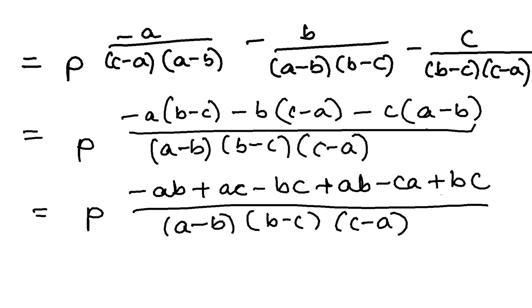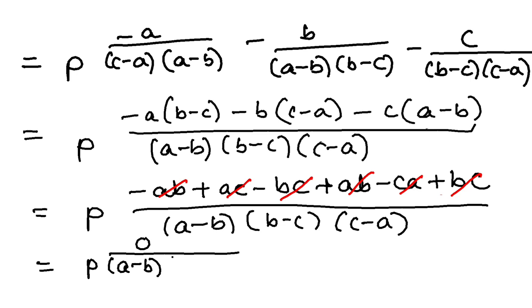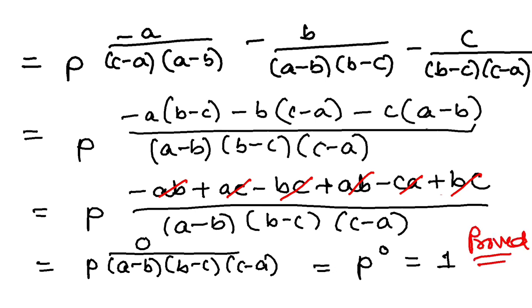Interestingly everything cancels, plus ac minus bc plus bc. So ultimately it becomes p to the power 0 over a minus b, b minus c, c minus a. 0 by anything is 0, so p to the power 0, and anything to the power 0 is 1. This is how you are going to prove this particular question. These 1 and 2 are very important, look carefully. If you have any doubt you can ask.